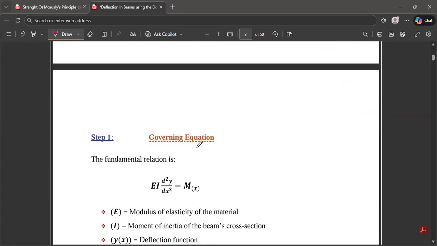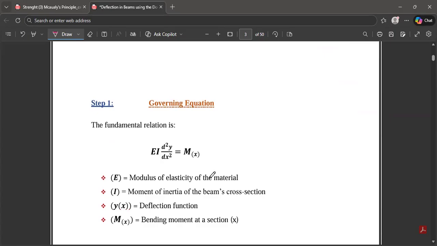Step one. We said that we have to write the governing equation. The fundamental relation is that EI times the second derivative of the deflection is equal to the bending moment, M(x), which you are seeing over here.